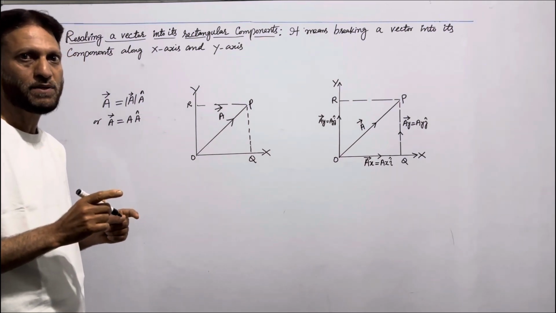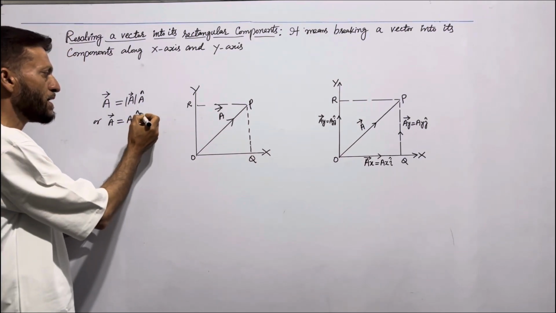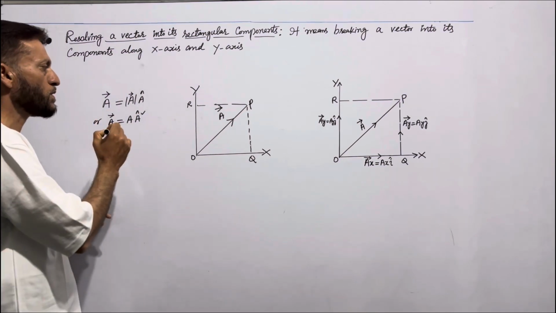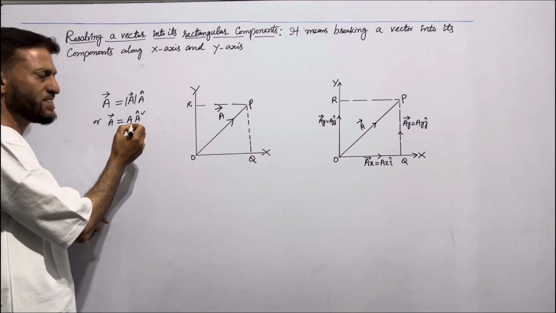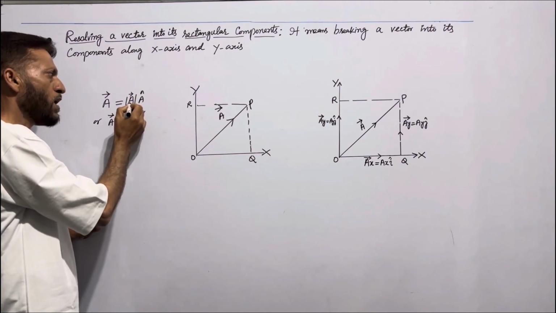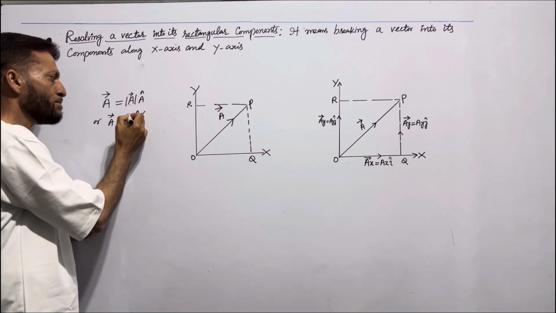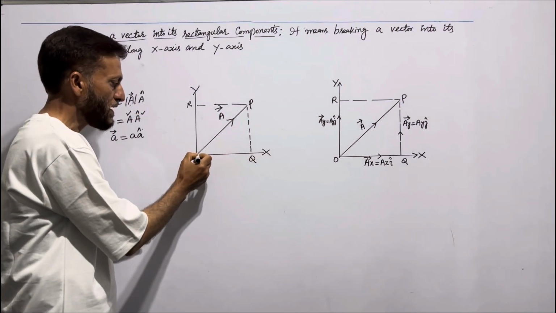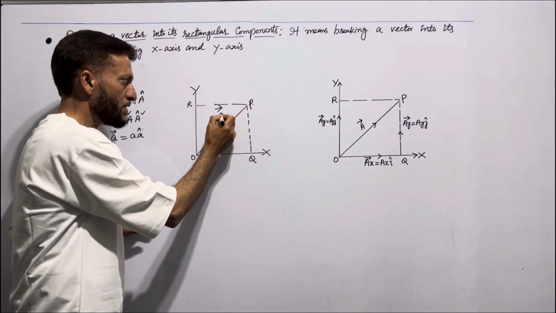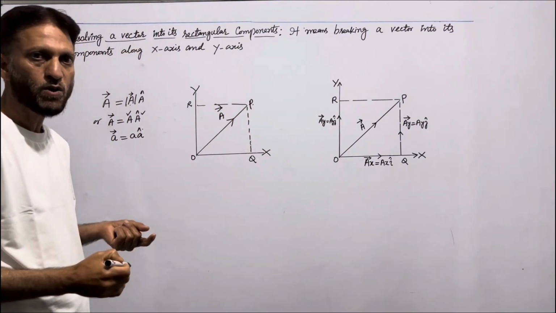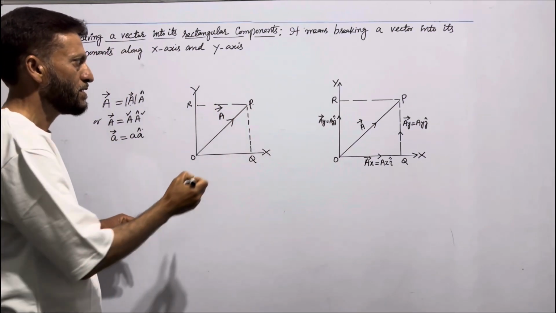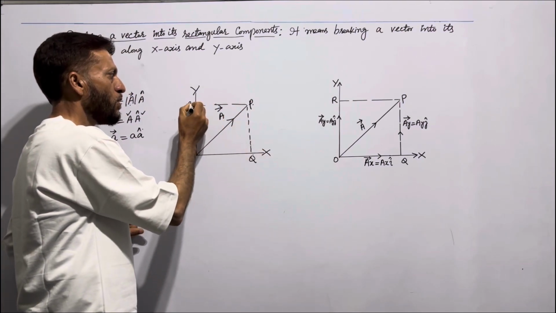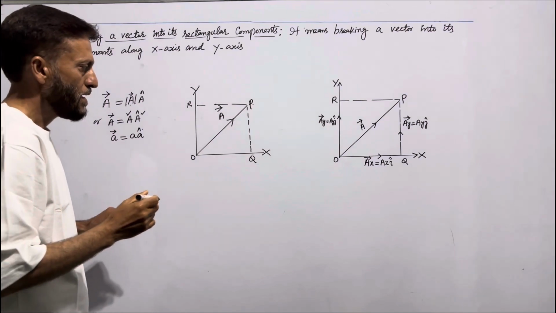The direction of the vector is represented by A cap, and the magnitude of vector is either denoted by mod vector A or by A. The given vector is along OP, it is vector A. To resolve it into components, I have drawn perpendicular from P on x-axis and on y-axis.